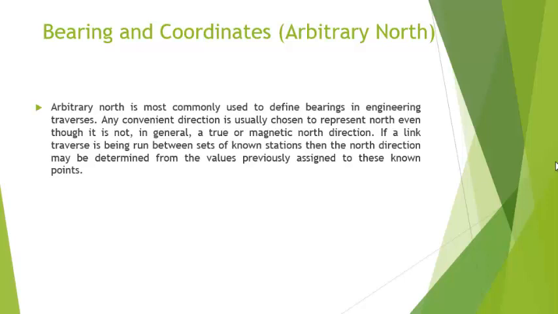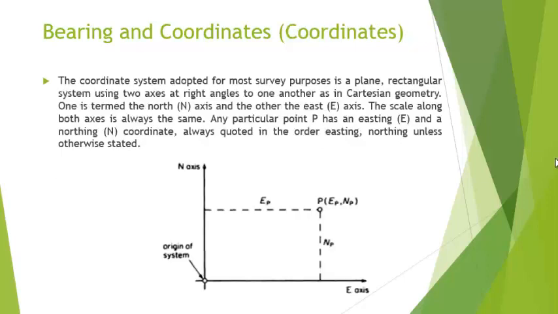Now we move to coordinates. The coordinate system adopted for most survey purposes is a plane or rectangular system using only two axes at right angles to one another, as in the Cartesian plane, as you have learned in secondary school.